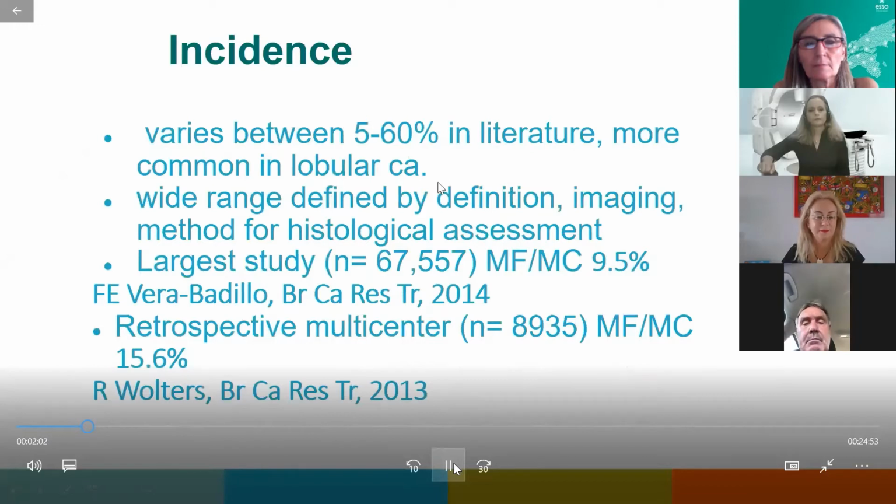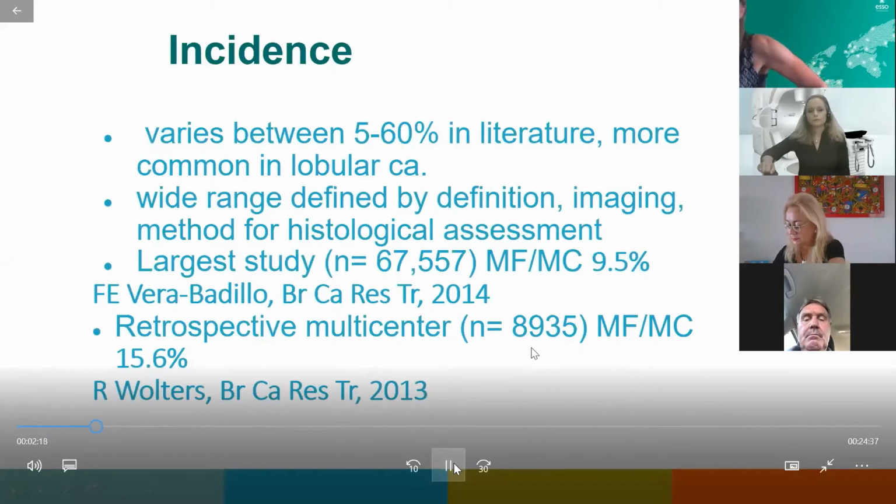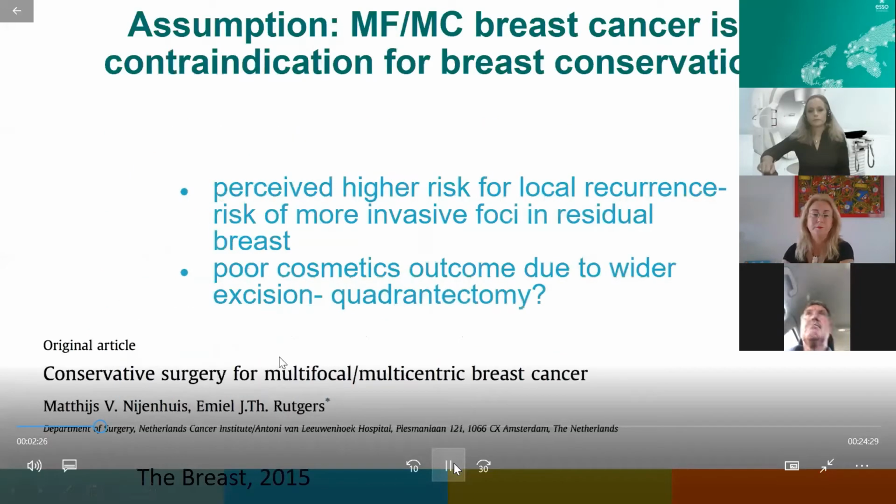It is more common for lobular cancers, and the largest study, analyzing more than 67,000 cases of multifocal multicentric disease, showed a 9.5% incidence. Another retrospective multicentre trial with almost 9,000 breast cancers analyzed showed a 15.6% incidence.